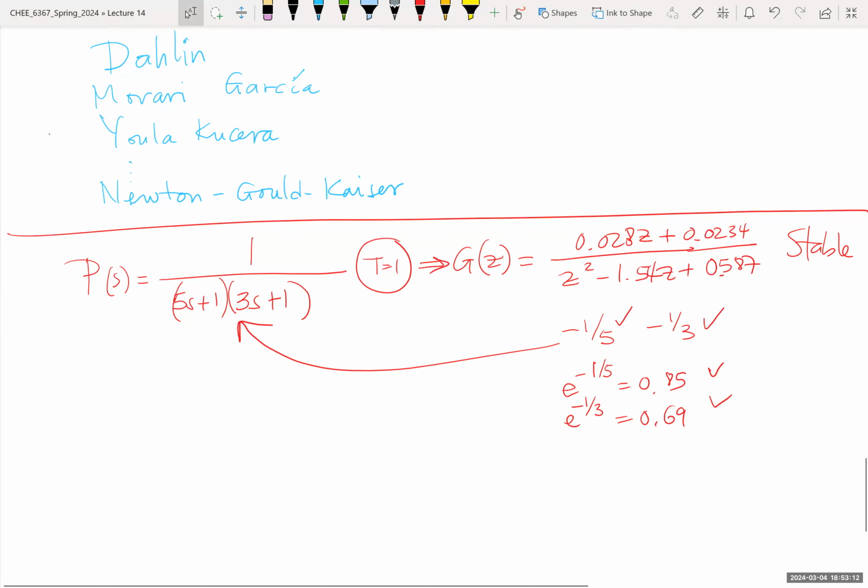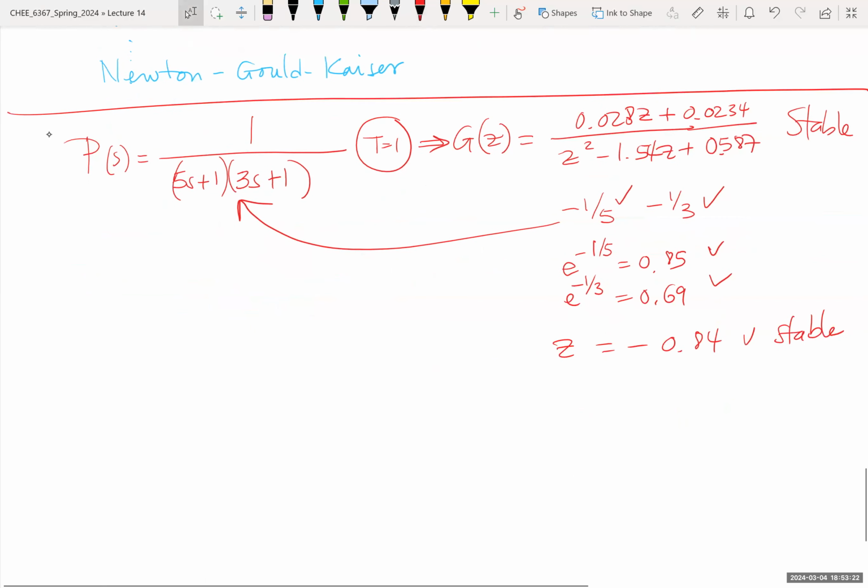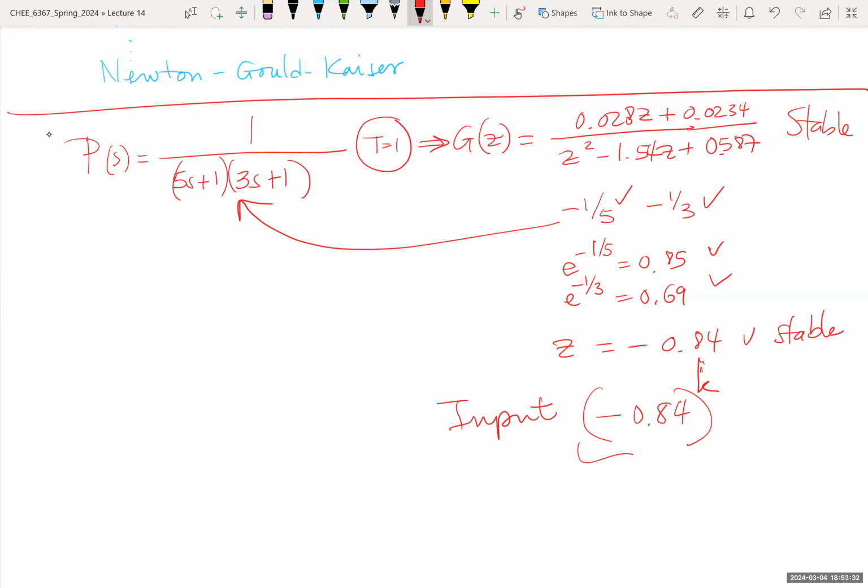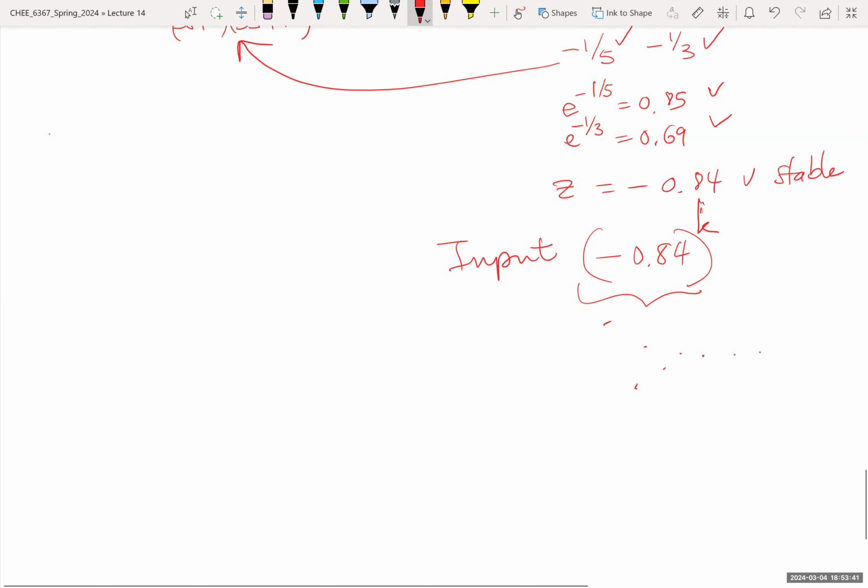The zero, however, is at minus 0.84, which is nice and stable, except the inverse will create terms in the process input that are going to have these terms. So you go plus, minus, plus, minus, plus, minus, plus, minus for my process input.